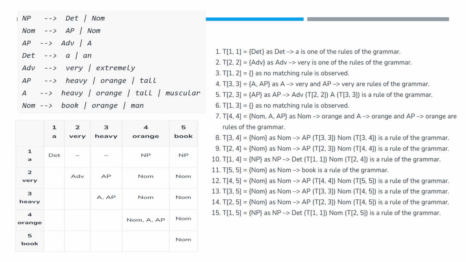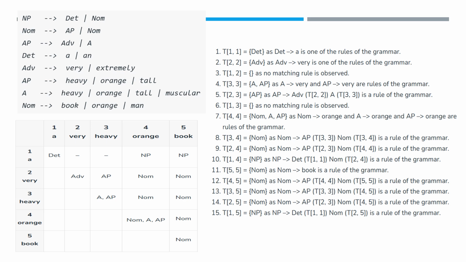Likewise, all the cells which are filled are written here. T15 is the combination of NP, determiner and the nominal.